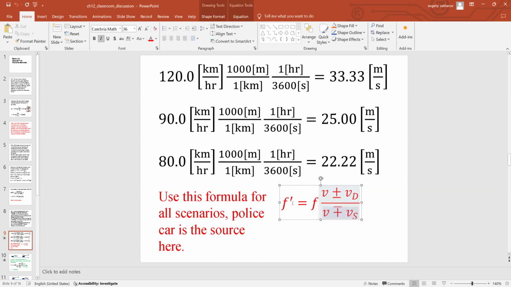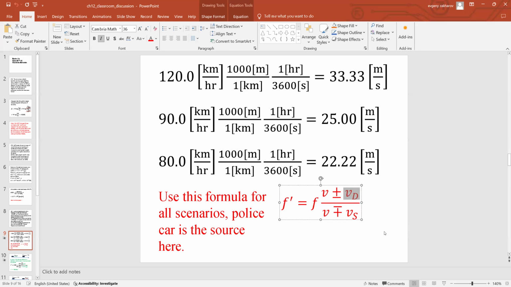And it's time to use our magic formula. Once again, the f prime is what we're looking for, what is registered by the observer. F is the original signal emitted by the source. V is the speed of sound, or it can be the speed of light if you're doing electromagnetic radiation.